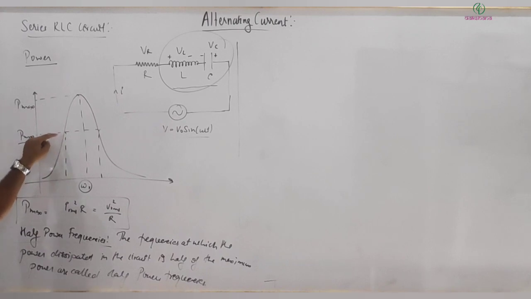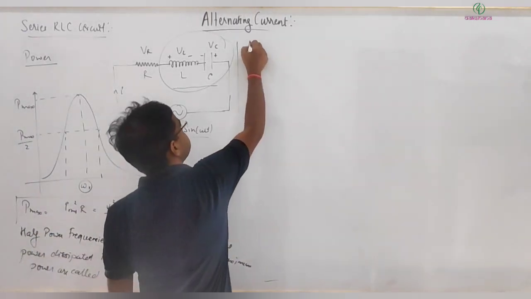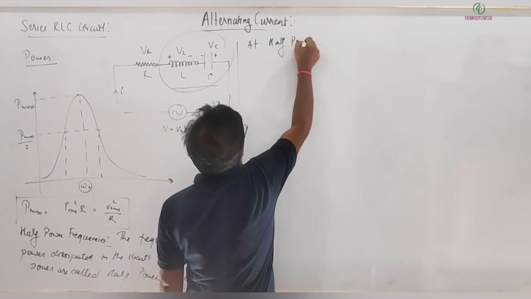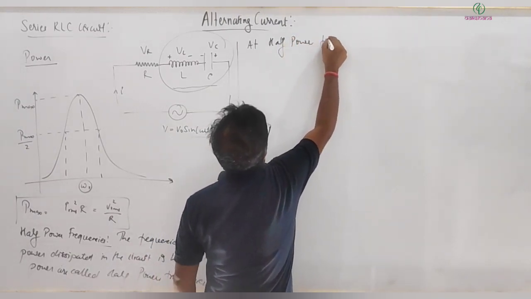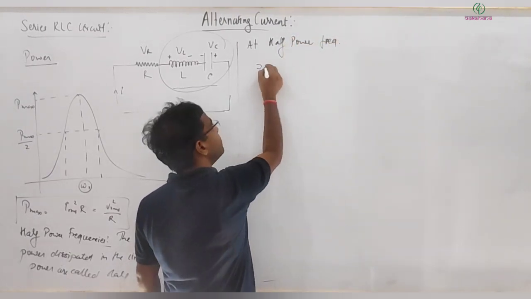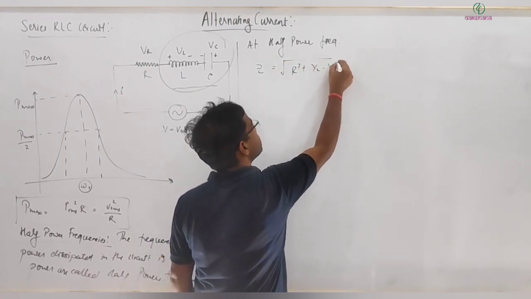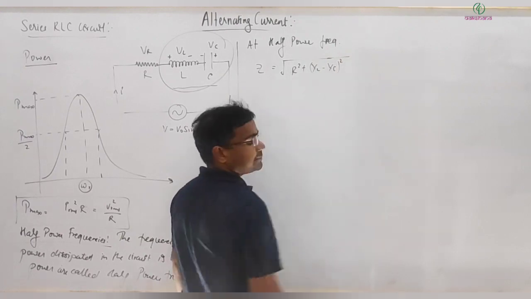One thing is here your impedance will not be simply R, it will be Z, is it? So at half power frequency, I can write Z will be simply the square root of R squared plus (XL minus XC) whole squared.